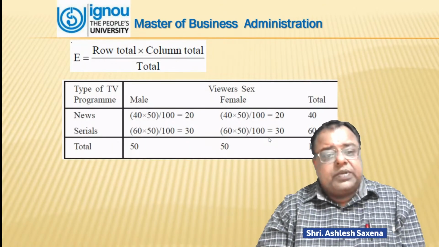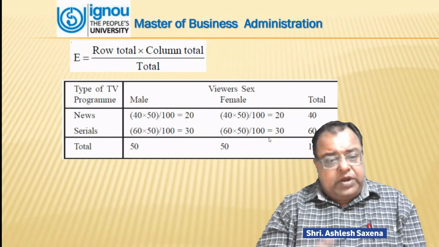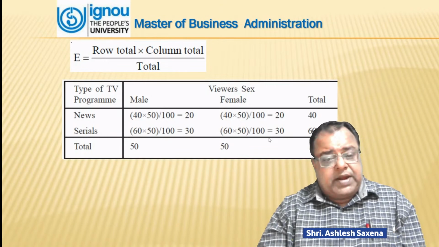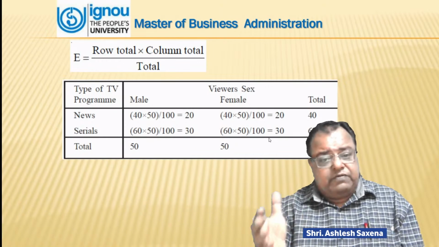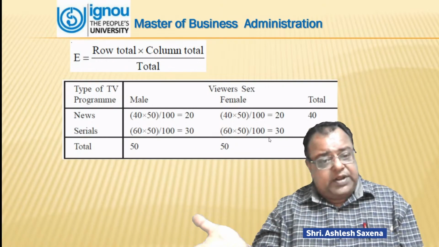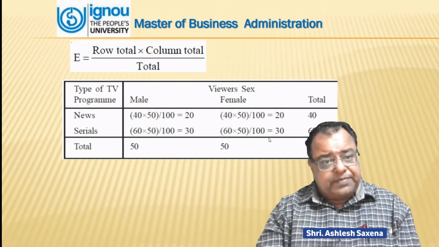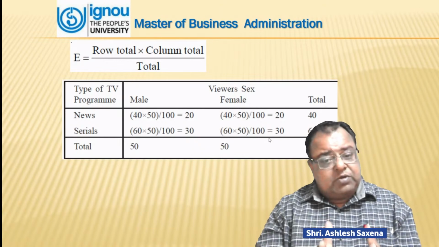Here we see that for the news channel, for male it is 40 into 50 divided by 100, which is equal to 20. And for female it is 40 into 50 divided by 100, which is 20. And we can sum up, it comes out to be 40. Similarly, for the serials, 60 into 50 divided by 100 is equal to 30.